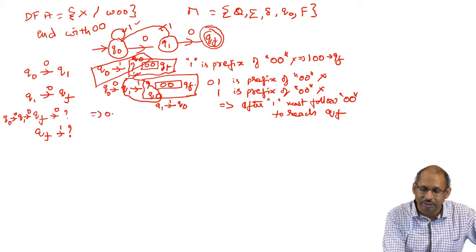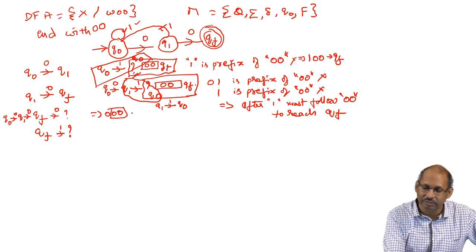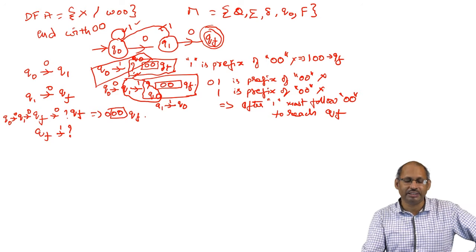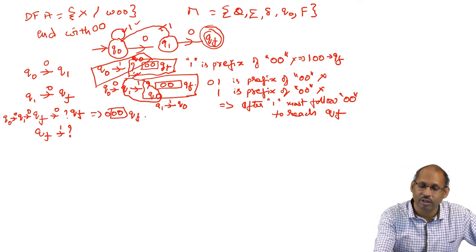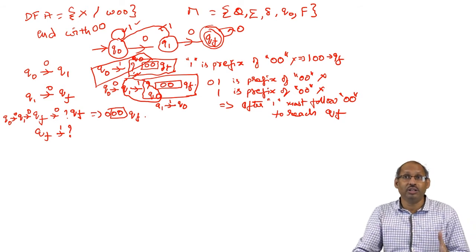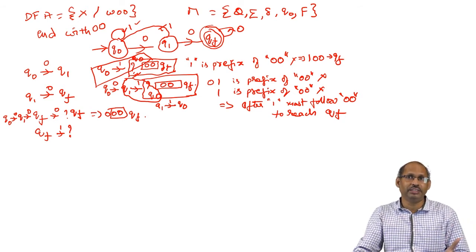Which implies 3 zeros, and the last 2 are 2 zeros, meaning simply the final state. QF on 0 goes to QF only.